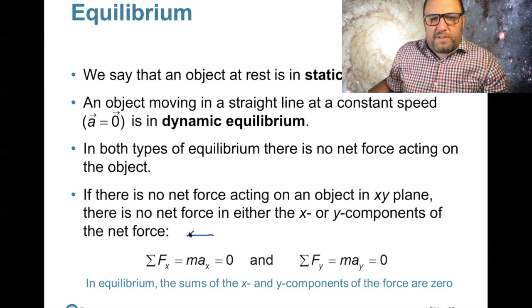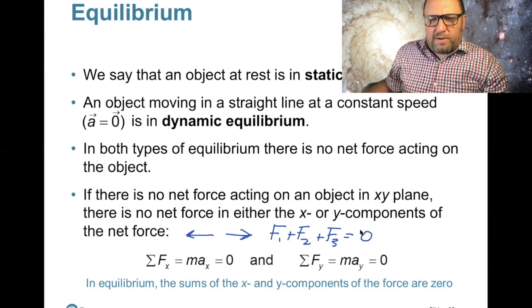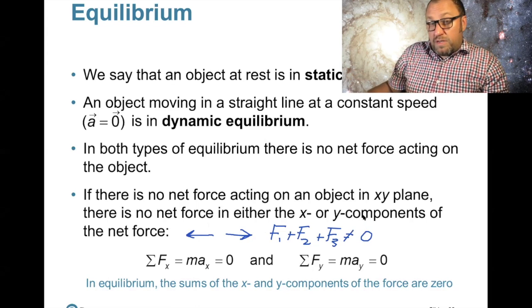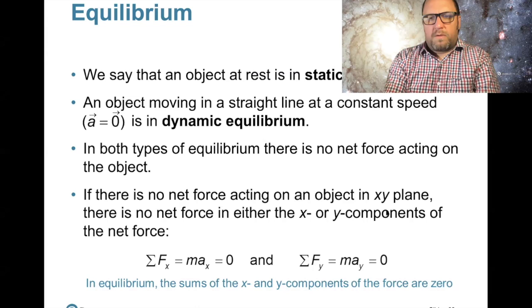All of my forces going this way are equal to all of my forces going that way. So if I add them all up, F1 plus F2 plus F3 and so on, they will equal 0. If they do not equal 0, then you are not in equilibrium. There is acceleration.